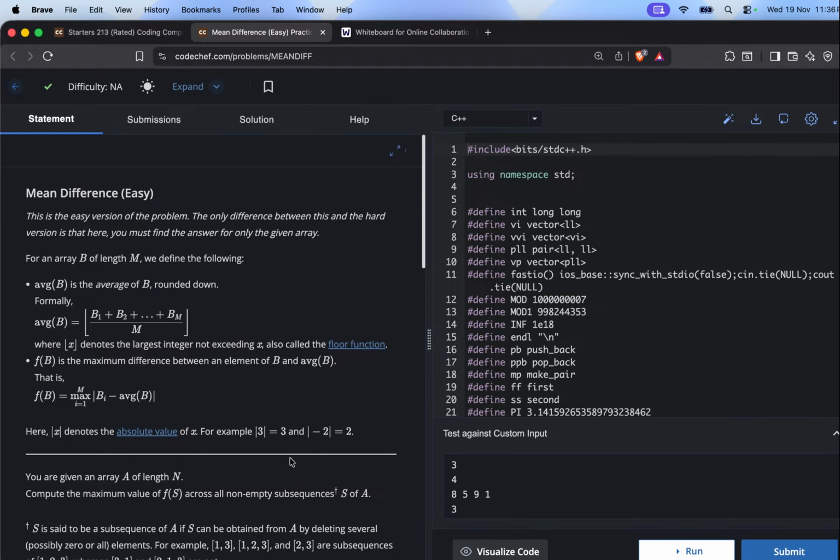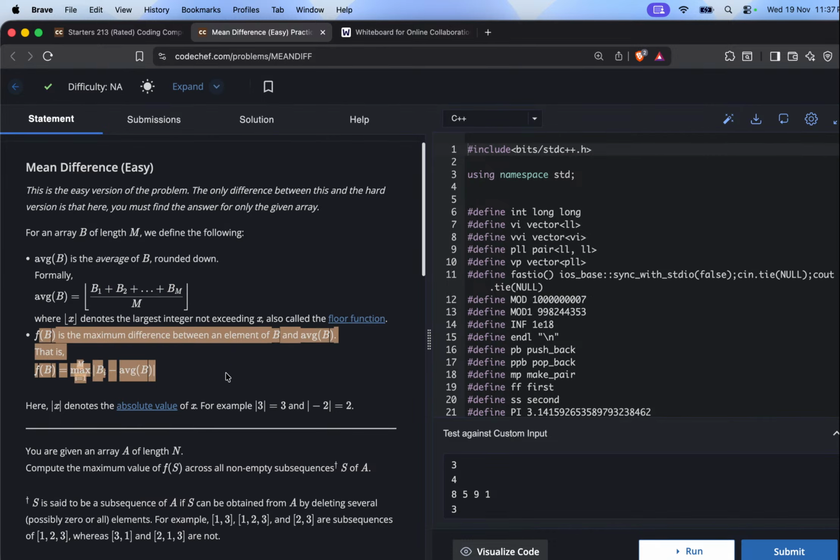Okay, so mean difference. We are given an array B, which is of length M. We define the following. Average of the array is the sum divided by its size, and the floor of it.